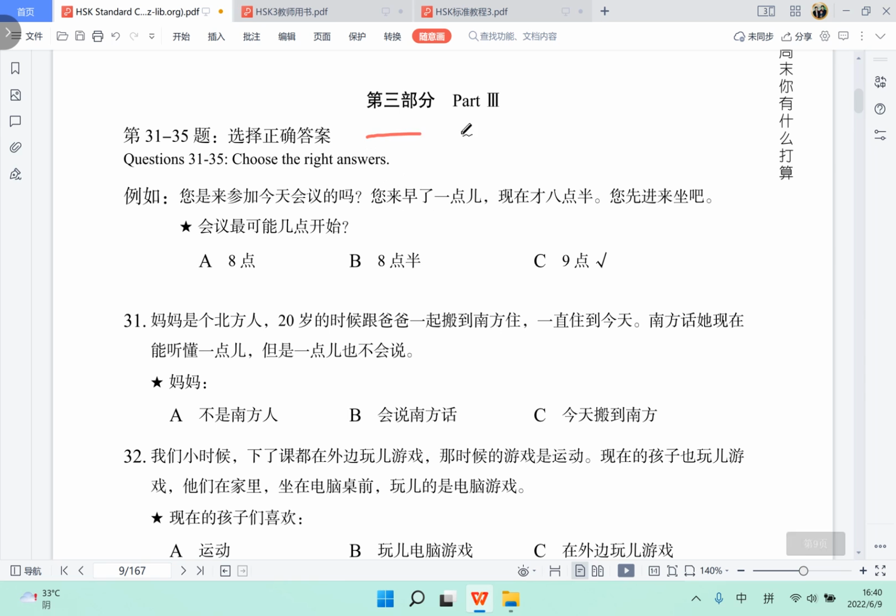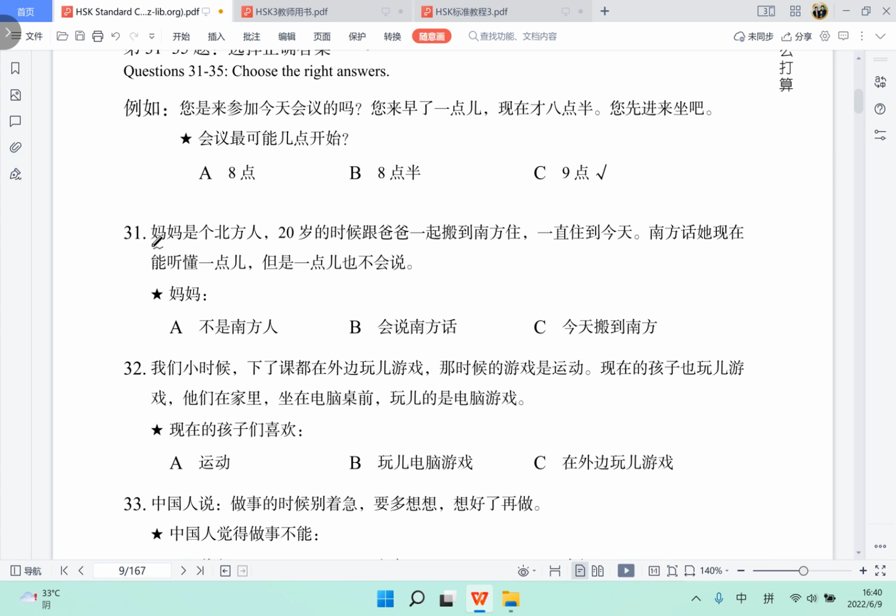好，第三部分选择正确答案。So choose the right answer according to the short paragraph. And 31 妈妈是个, so actually we should check the question and answers first. 妈妈, so here's the mark. A 不是南方人, so not a person from the southern part. B 会说南方话, so can speak the southern dialect.